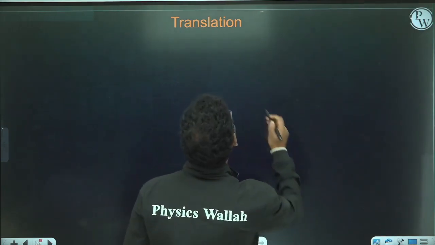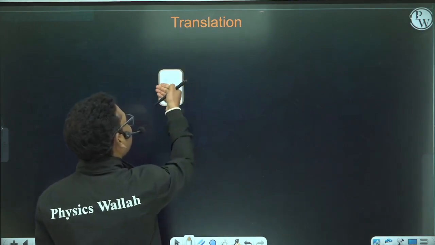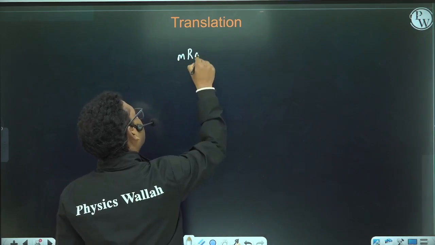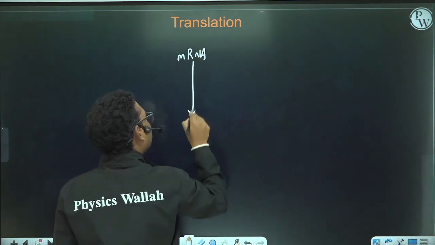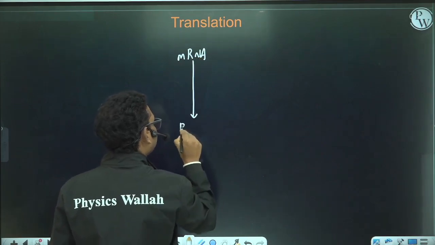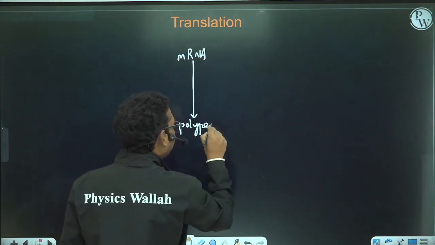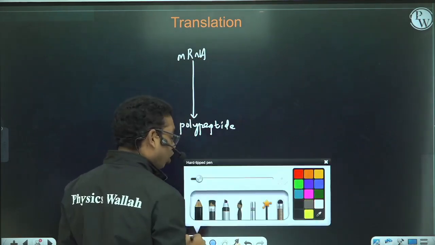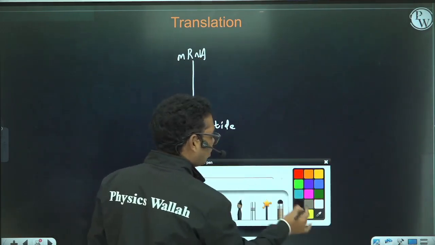So what is translation? Translation is a process in which the mRNA will produce the polypeptide, and this polypeptide can be protein or it cannot be protein. All polypeptides are not proteins.